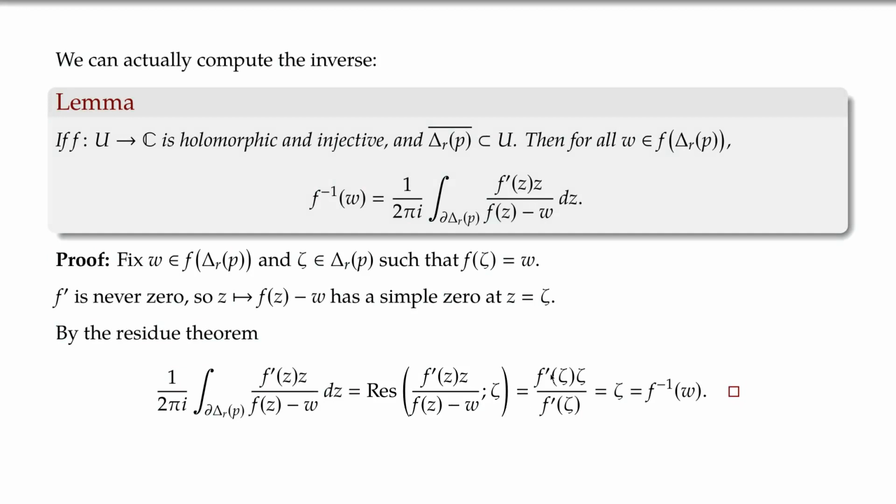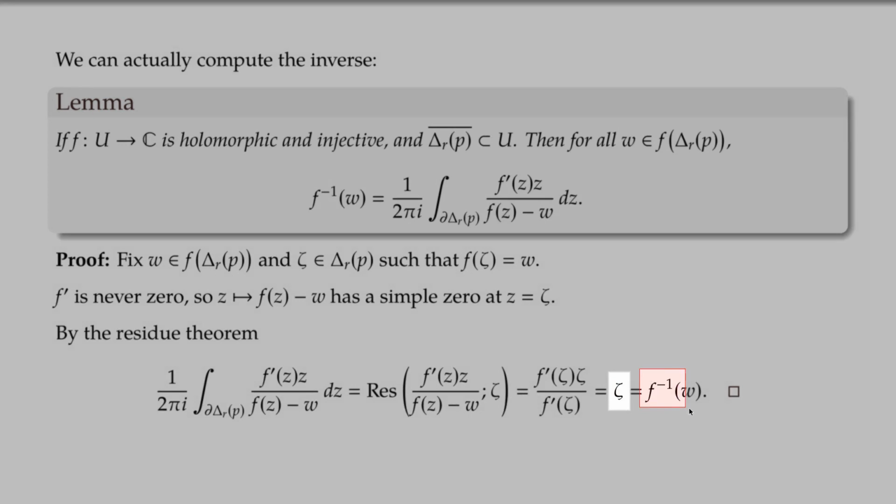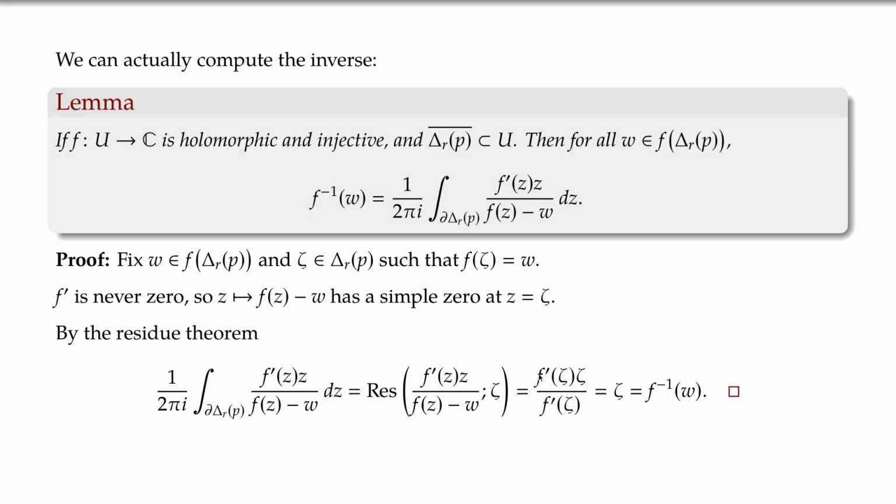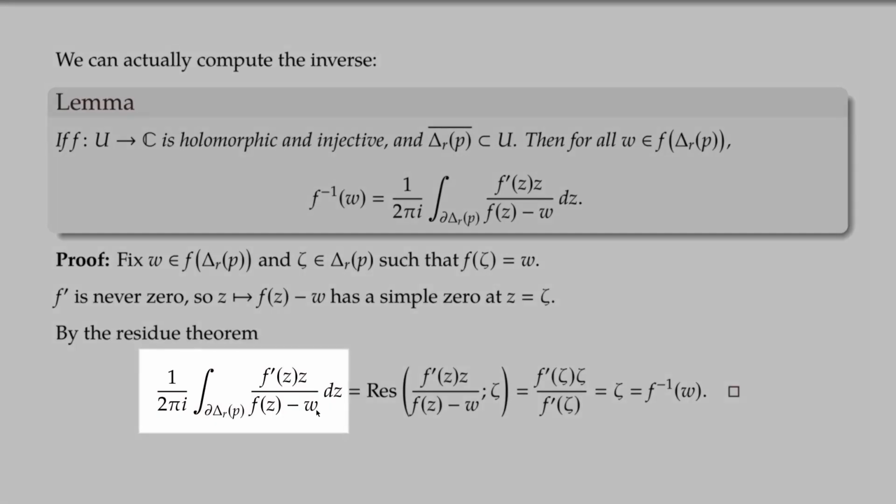And you actually figure out that the f prime at zeta cancels out, and we just get zeta, which is precisely what we needed. That was exactly the inverse of w. That's what we define zeta to be, right? So that's what we want this integral to be.